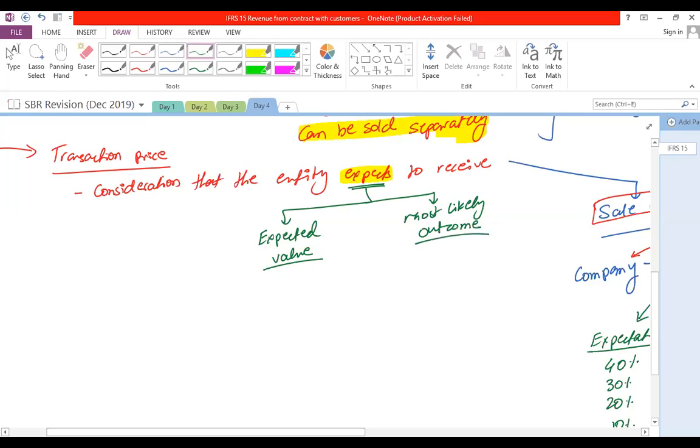It can either be the most likely outcome or the expected value. When we have only two possibilities or few possibilities, we follow the most likely outcome. And when we have multiple possibilities, we follow the expected value.